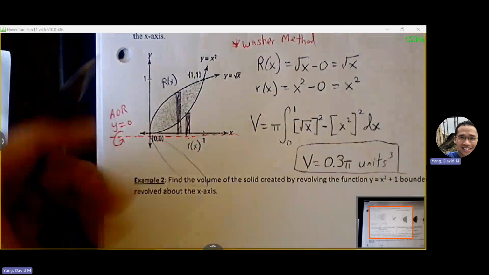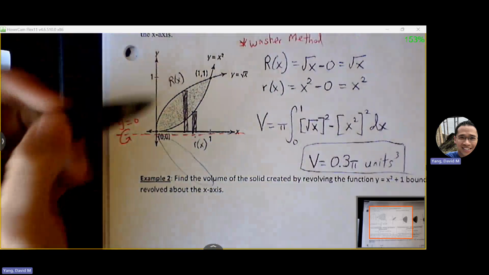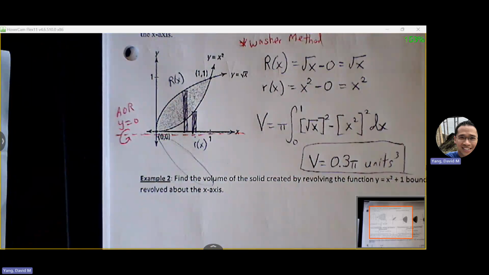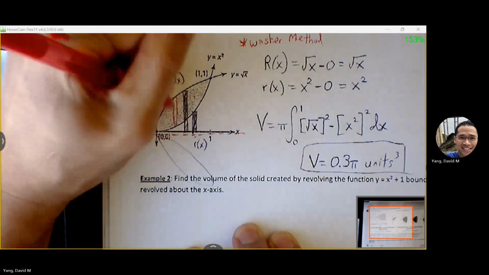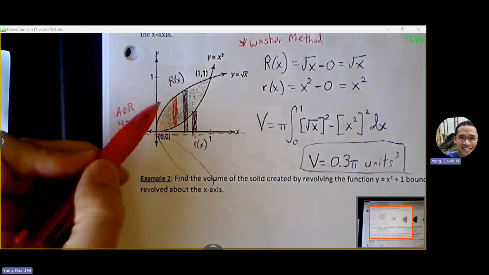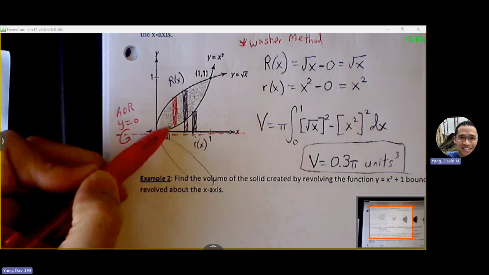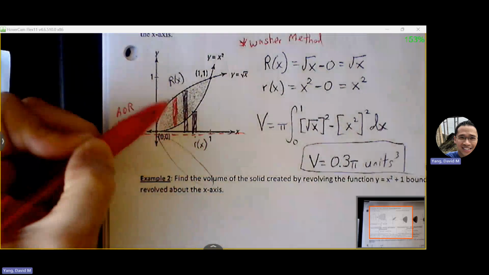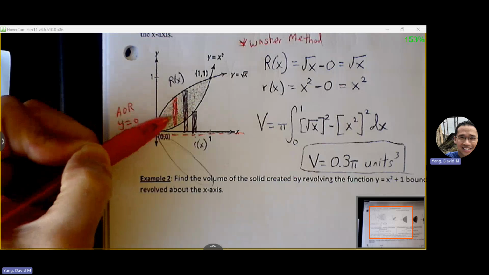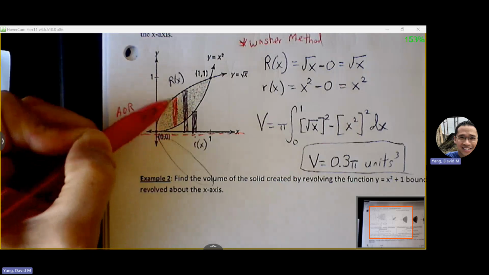So I do want to point out a common mistake that students do make is doing this, okay, where they draw the distance between the two of them and they call this either big R or little r. So if we have the washer method, make sure we don't do this, right? I mean, this is good for area, but this is not good for volume.